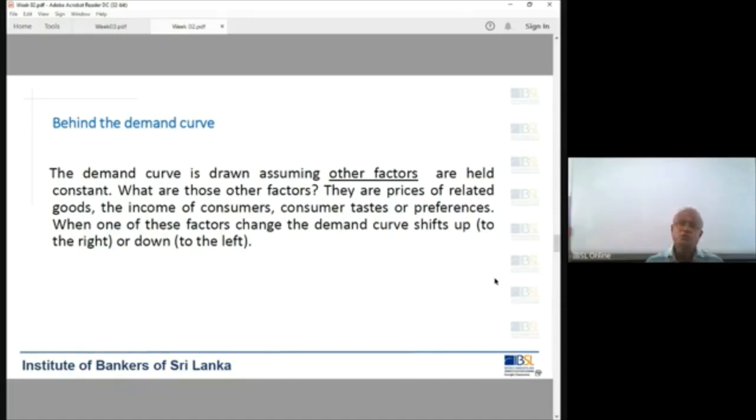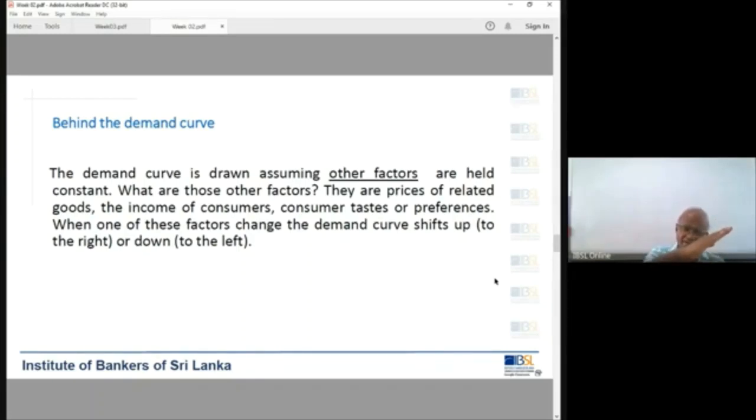Demand for all goods and services, food items, non-food items, entertainment items, decreases. Why? Because income went down. Therefore, what will happen? Let's say demand for clothing.